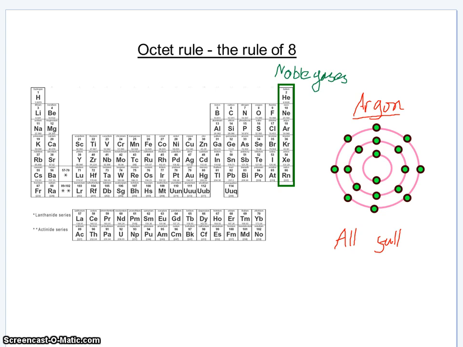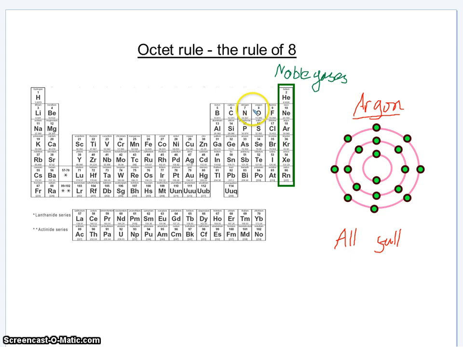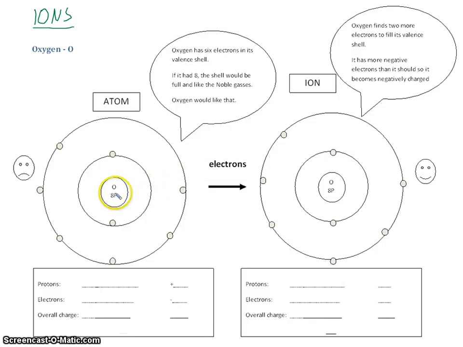We're going to look at how they lose electrons or add electrons first. And when they do that, they form ions. This is oxygen. Let's look at oxygen. Oxygen is here on the periodic table, and its atomic number is 8, which means it's got 8 protons and 8 electrons.